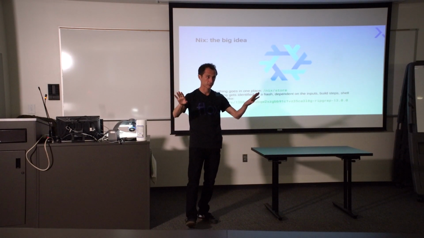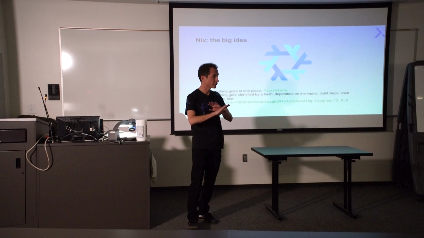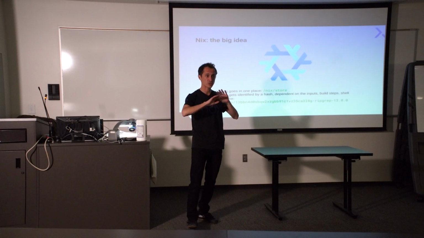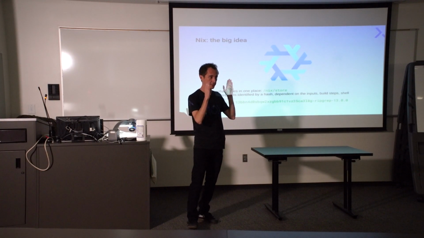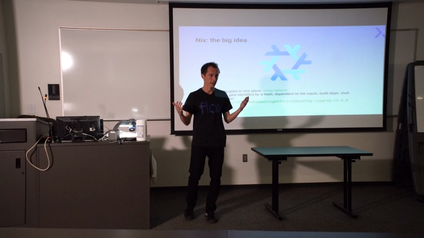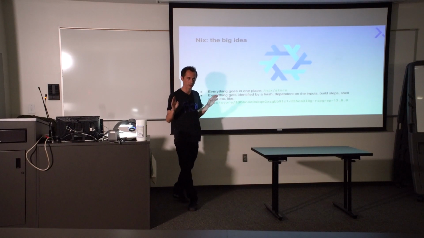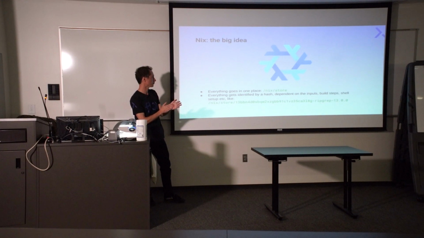Nix does away with this model. It says, I'm going to assume absolutely nothing about your machine. Everything I download, everything that we share, everything that you build is going to live in one place, and that is this directory called /nix/store, which we call the Nix store. Everything gets put in there, right? Your binaries, libraries, the whole graph of dependencies that I'm giving you.